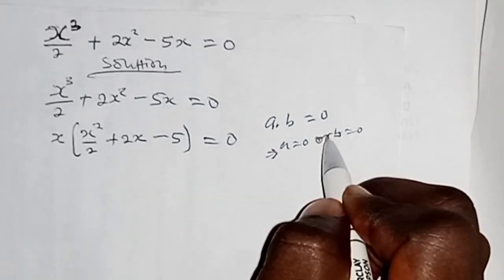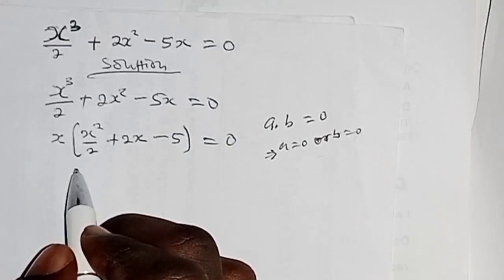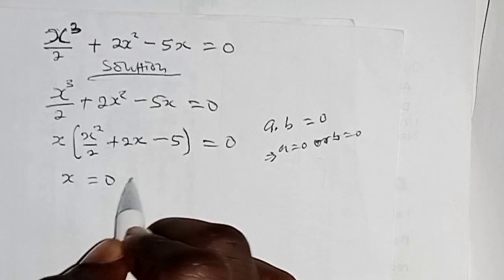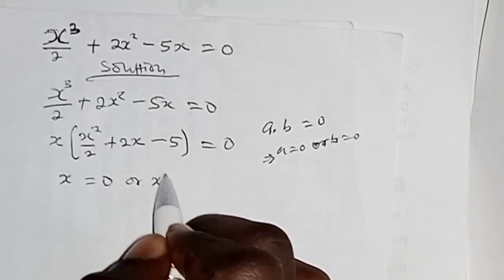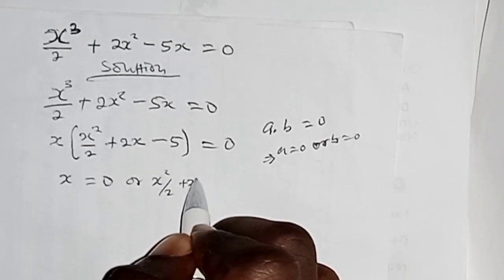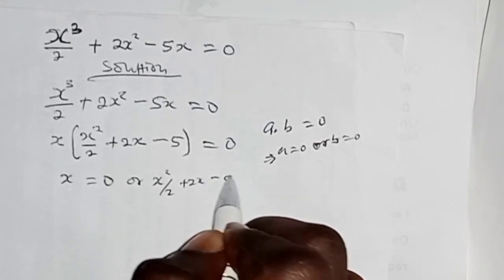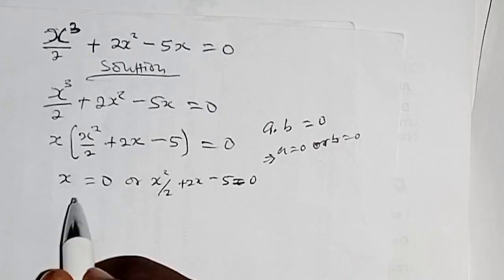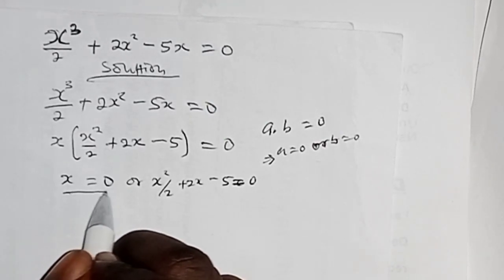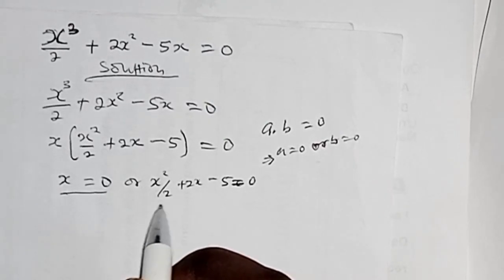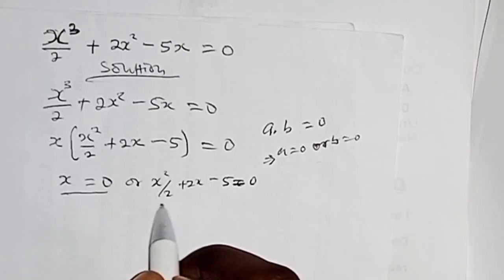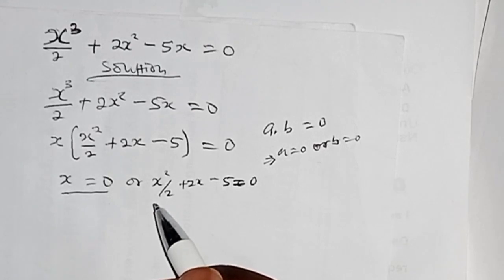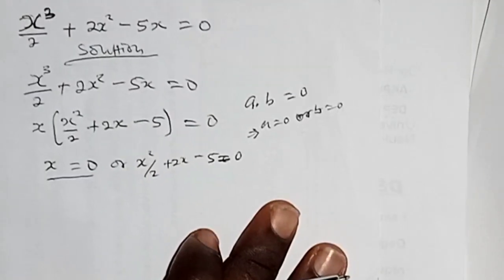So with that in mind, we can see clearly that x is equal to 0, or x squared over 2 plus 2x minus 5 is equal to 0. So we've gotten one value of x, that x is equal to 0. What we're going to do now is proceed to simplify this one to also get the remaining two values of x that are going to satisfy this equation.